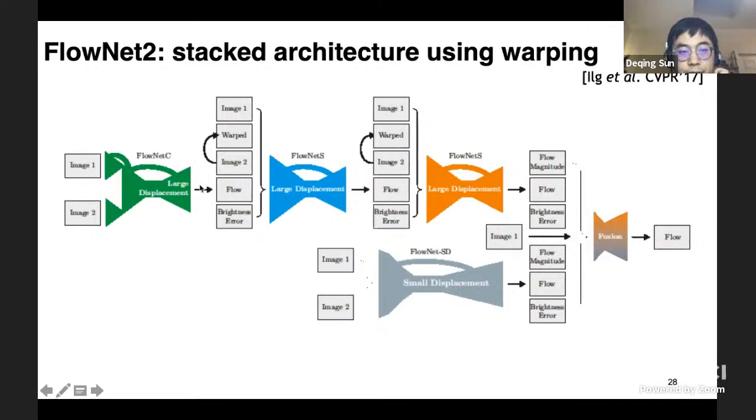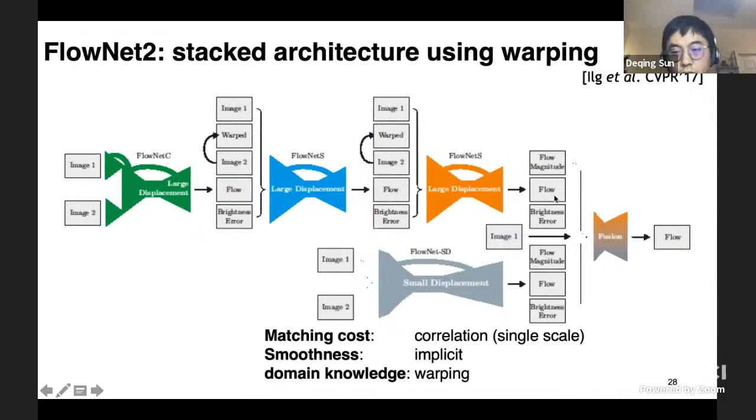After we get an initial estimate, we can use the flow to warp the image, and then to get the brightness constancy error. Using these signals, we can use a UNet to refine the optical flow. And then we can keep stacking networks to further refine.